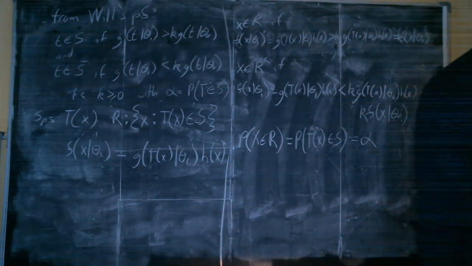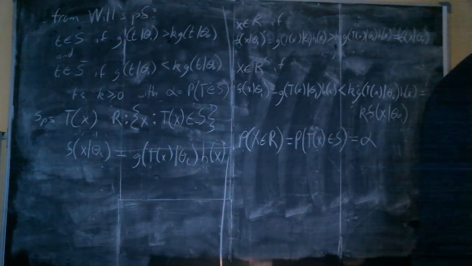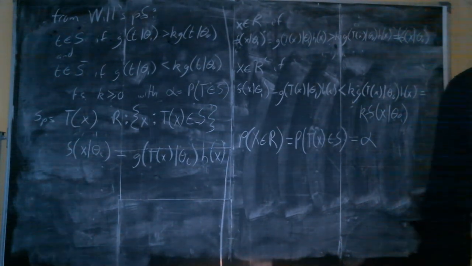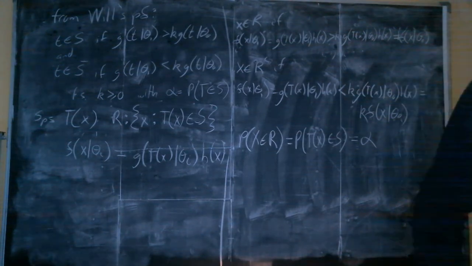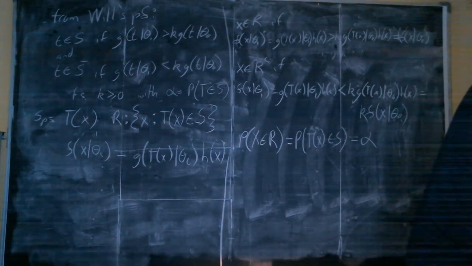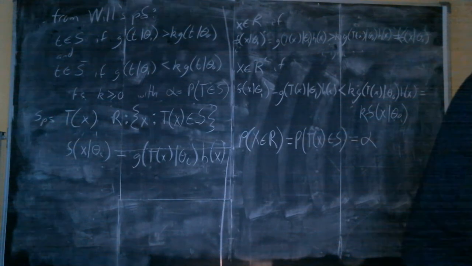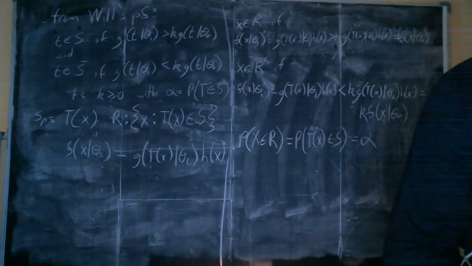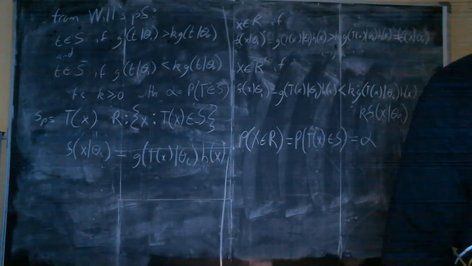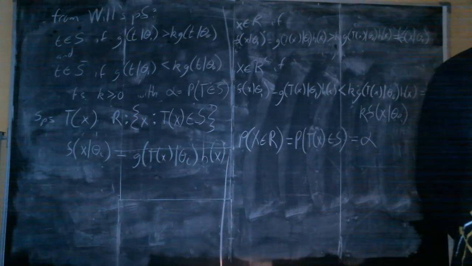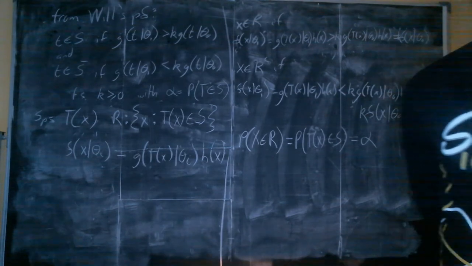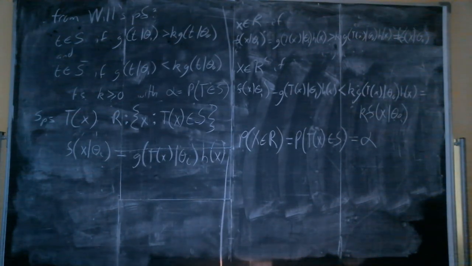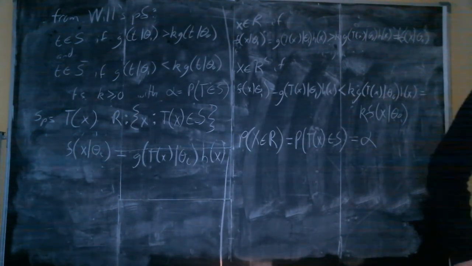Hence, if T meets these conditions, then T will be a uniformly most powerful level alpha test. It is important to note that this follows from the sufficiency portion of the Neyman-Pearson lemma, and that it speaks to when we know we have a uniformly most powerful test or not.